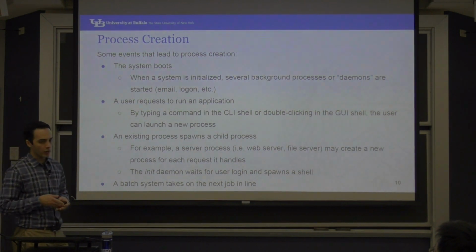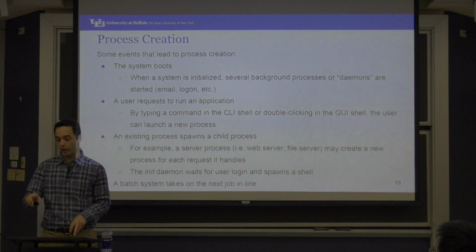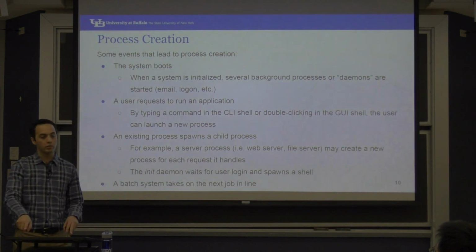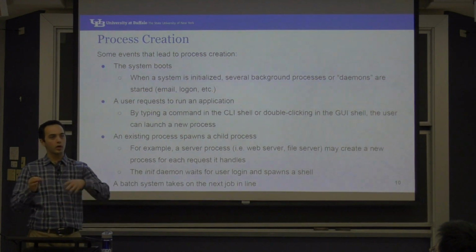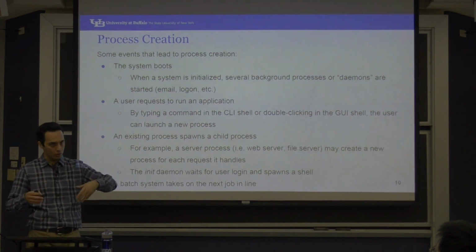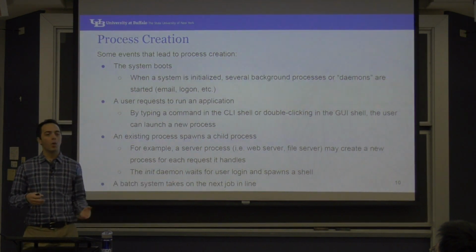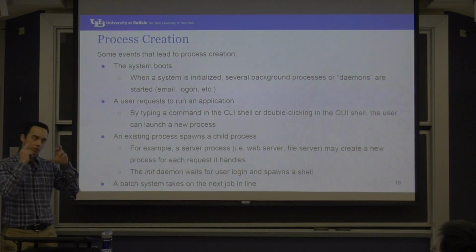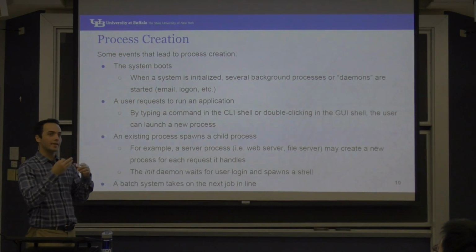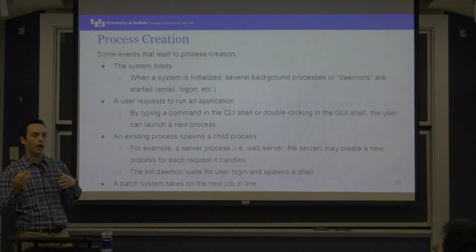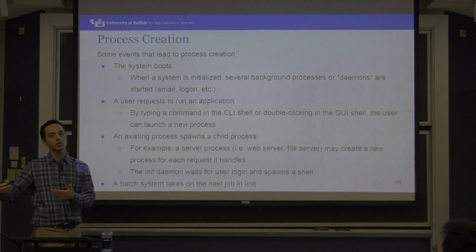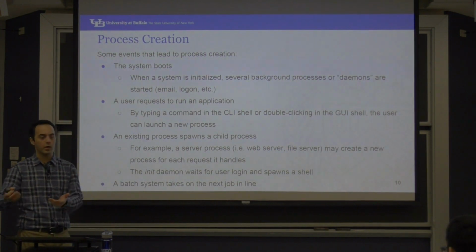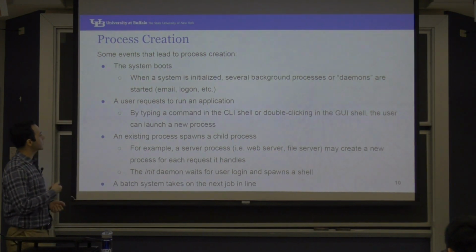When you double click on an icon, you are telling your OS, hey, I want to run this executable, so spawn a new process. Or when you run a shell, the shell itself is a program, right? But then it tells the OS, because the user has asked me, I want to spawn a new process, whatever it is, right? So this is another one.